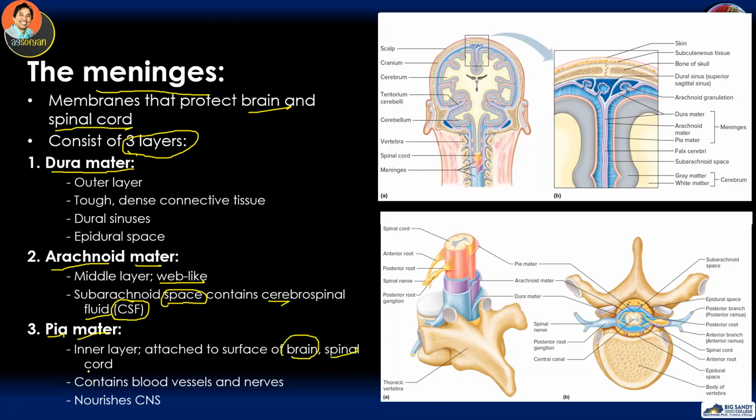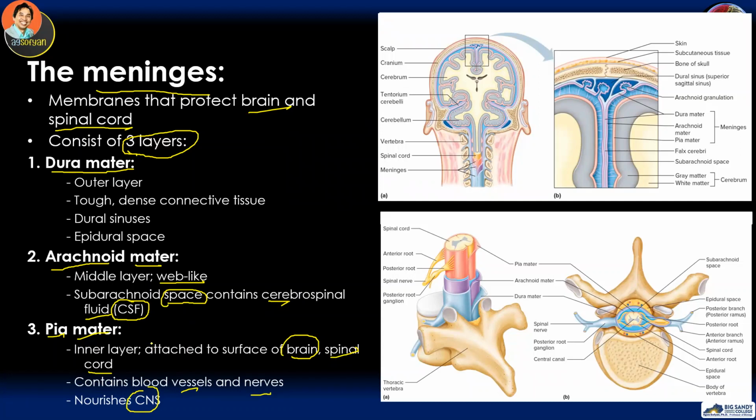So this is actually part of the brain and the spinal cord directly. This layer contains blood vessels and nerves, and the pia mater nourishes the brain and the spinal cord, the CNS. So these are the 3 layers of meninges that protect the brain and the spinal cord.